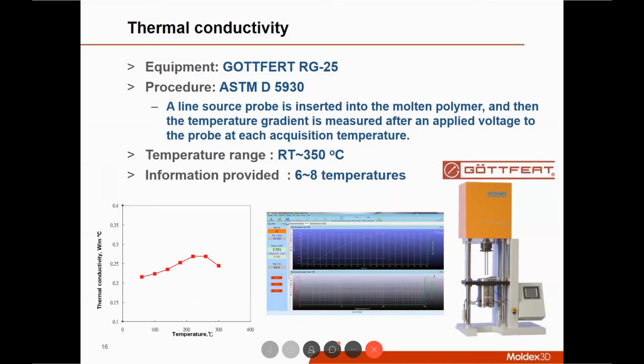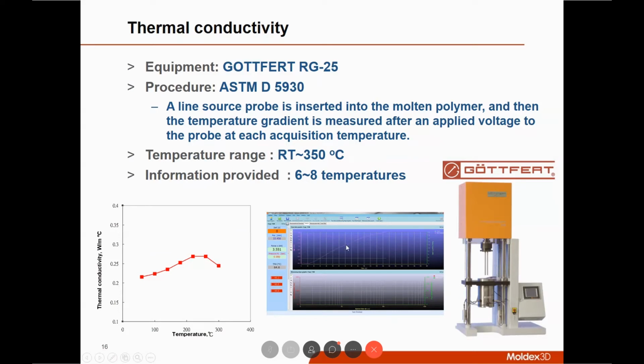As for thermal conductivity, we use the RG25 under procedure ASTM D5930. The polymer will be put in this chamber, and with a line source probe, we'll insert it into the molten polymer, and then apply a certain voltage to the probe, and then record the whole temperature gradient as shown here.